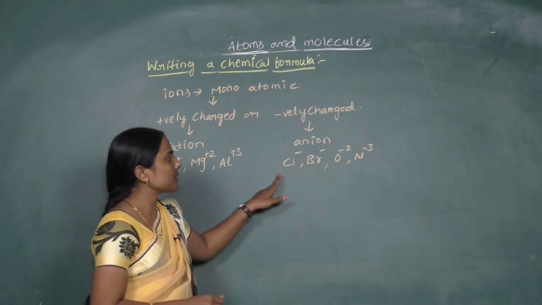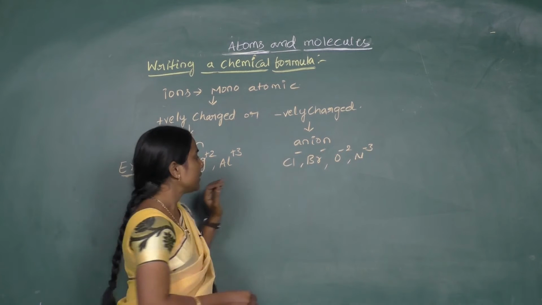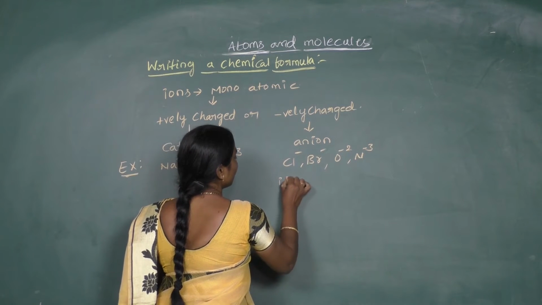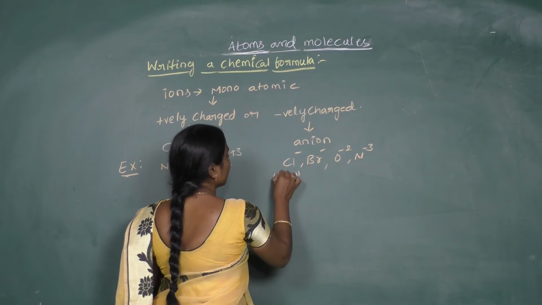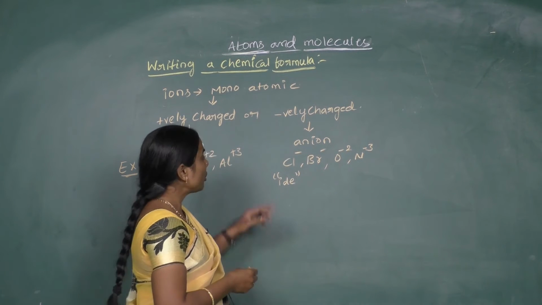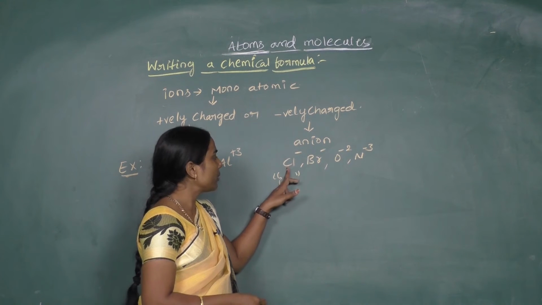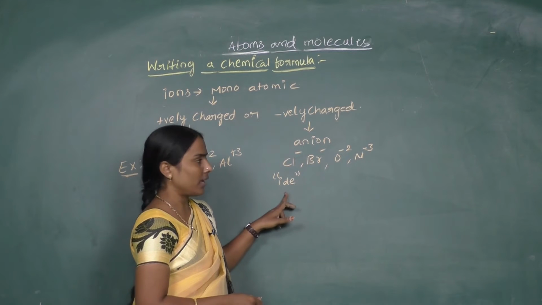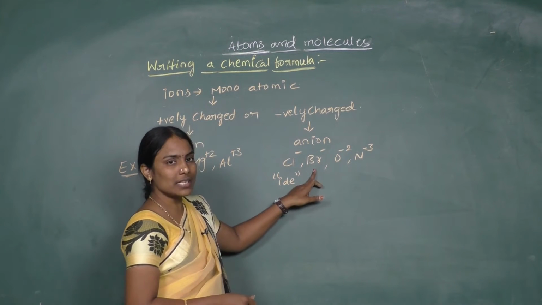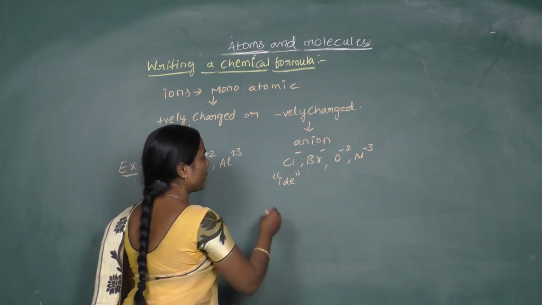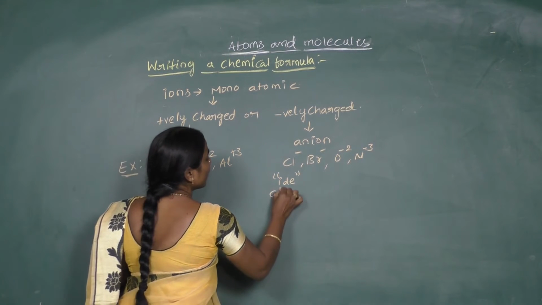But whenever we are representing the names of anions, they must end with the name IDE. For example, chlorine. We will not call it chlorine, we will call it chloride ion. What is the name of Br minus? Br minus should be called bromide ion.